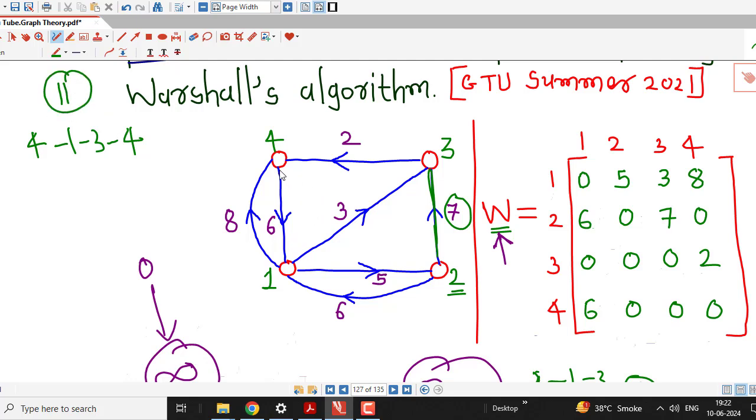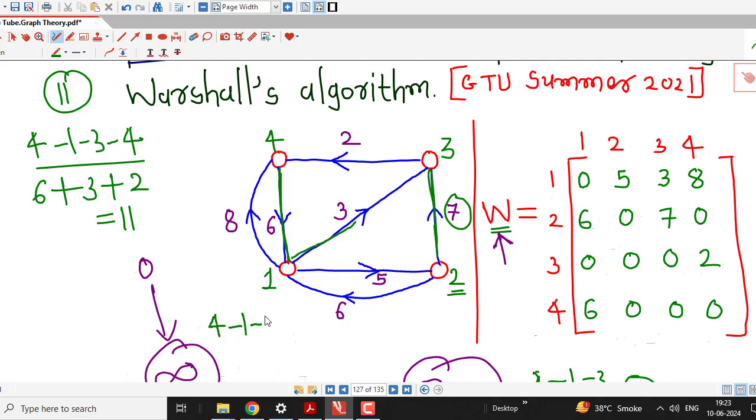For example, if I go from 4 to 1, the weight is 6, from 1 to 3 it is 3, and from 3 to 4 it is 2. So you can see the length of this path is 11, and we can see we have this path also from 4 to 1 and from 1 to 8.